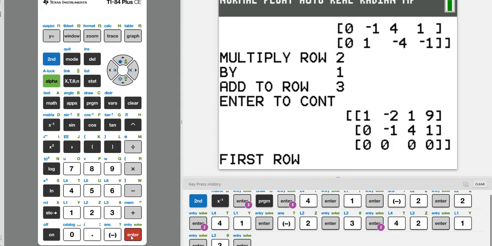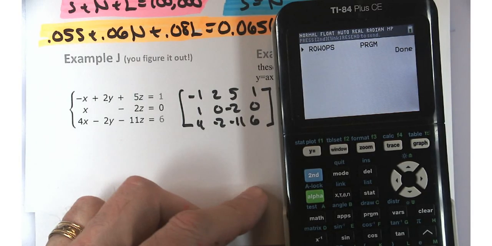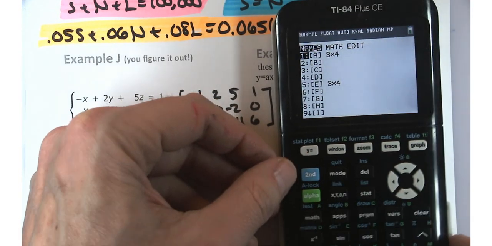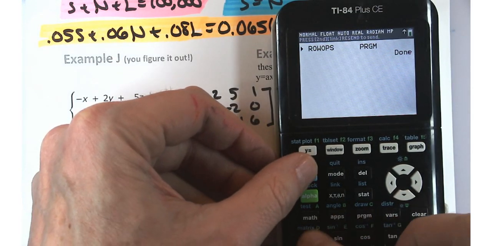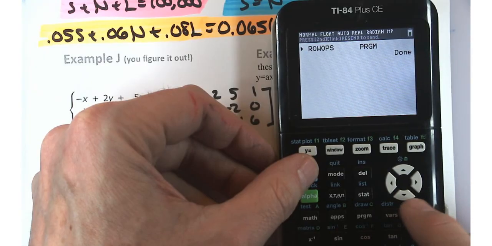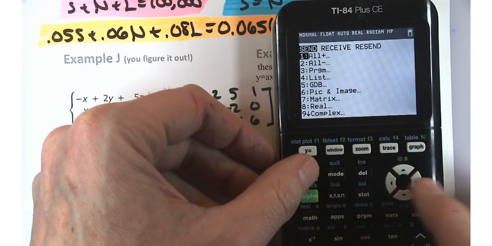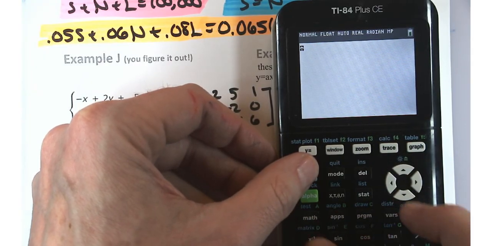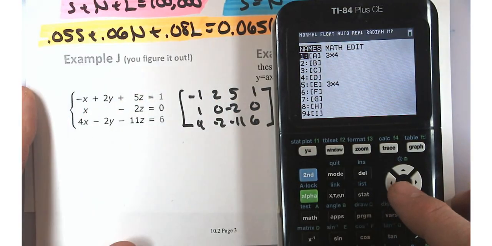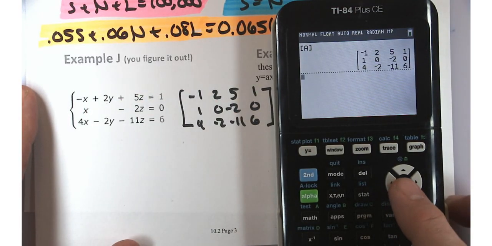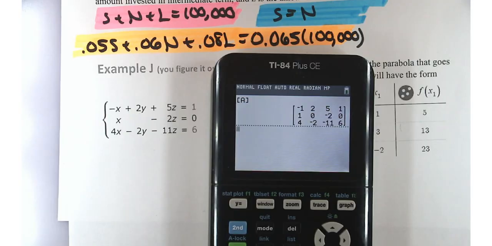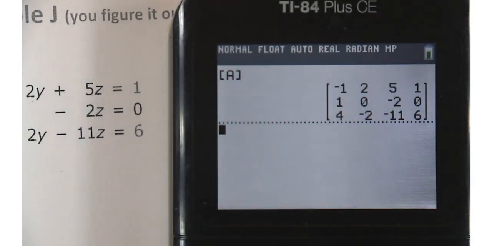Actually, I think I'll do this one on my calculator. Let me just double check that I've got this entered. Second matrix. Yeah, that looks like the right one. So let's play around with row ops right on my calculator.